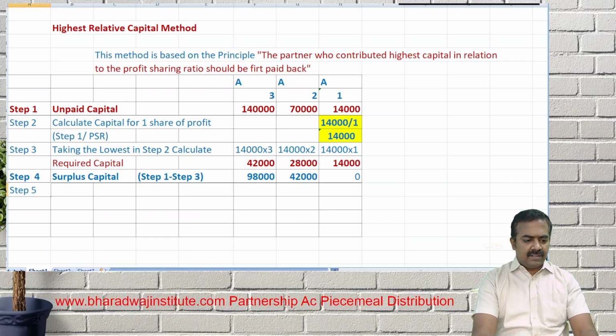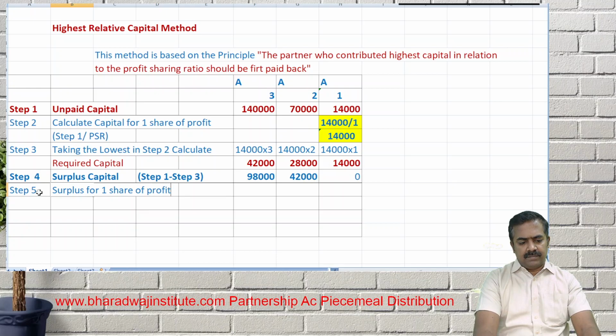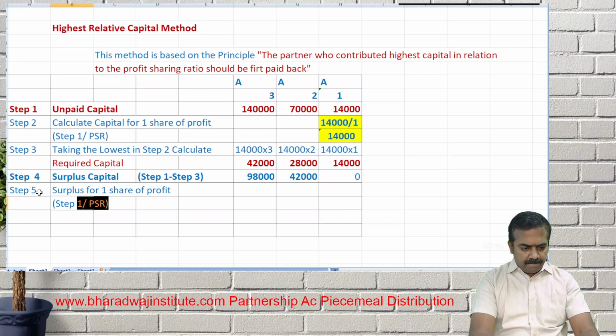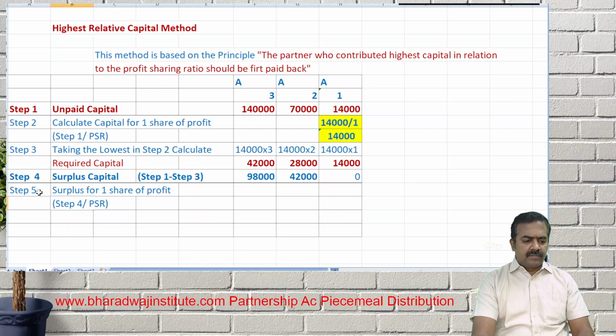Step 5: surplus for one share of profit. Simple. Step 4 divided by profit sharing ratio.